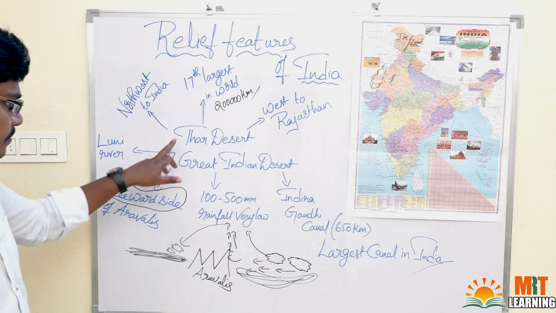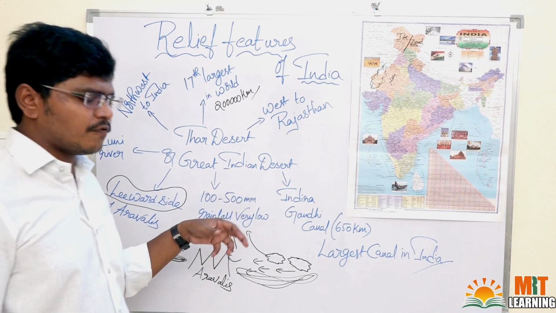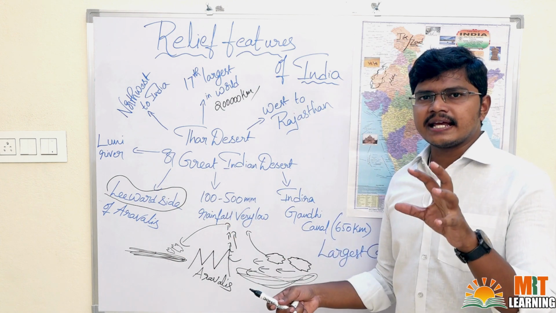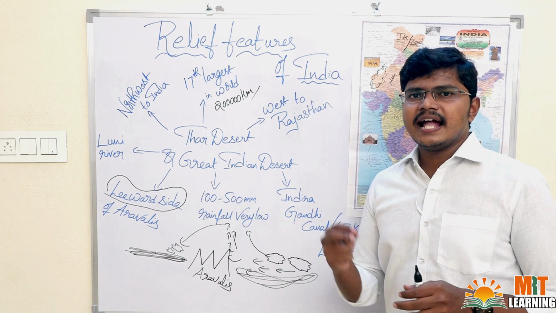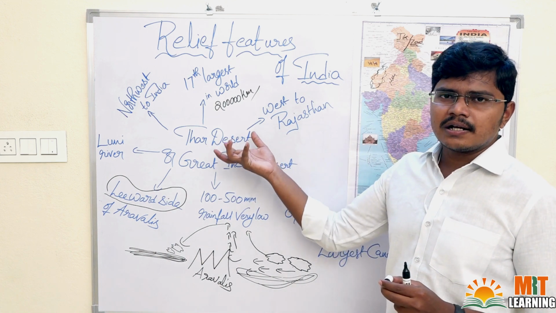Okay, next. How much rainfall can we see in the Thar Desert? 100 to 500 mm per year. Hardly 100 to 500 mm of rainfall per year.